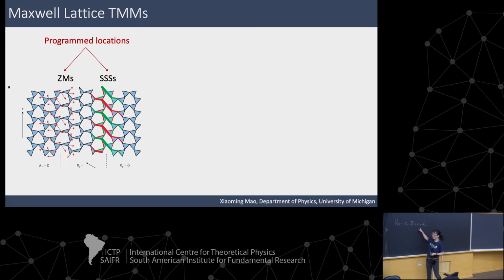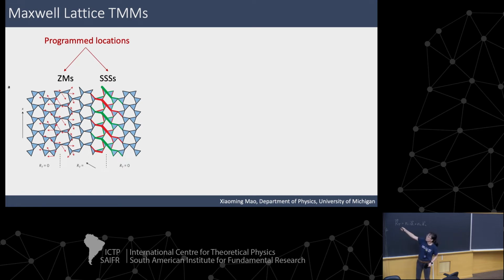And n1 and n2 are the two winding numbers you calculate for the two contours on the Brillouin zone corresponding to these two lattice directions. So you have a polarization winding number for the first lattice direction and one for the second direction. And this R_T is a vector that, in general, points to the interface that gains extra modes.